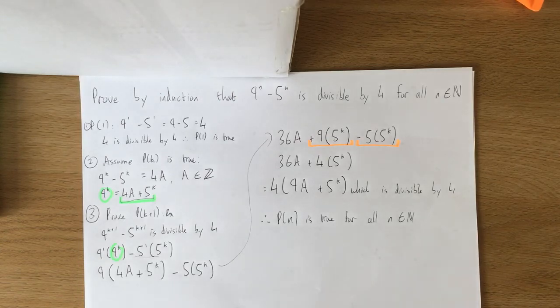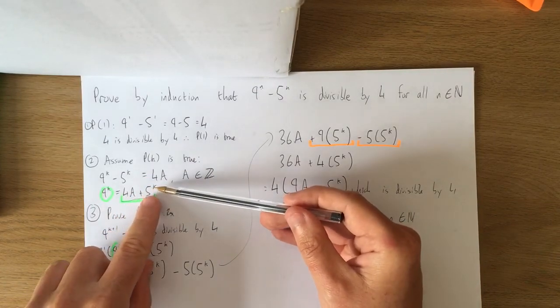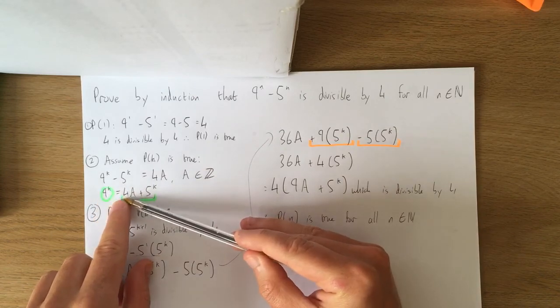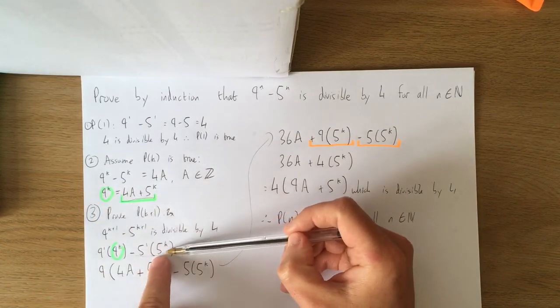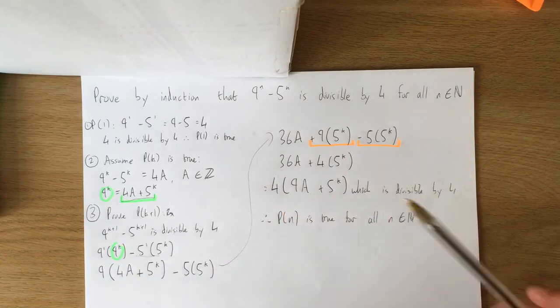Okay, as I said, that one equally would have worked if I had rearranged this differently and got 5 to the k equals 9 to the k minus 4a and subbed that in there. It still would have worked out that I would have been able to factorize 4 out, so that's fine.